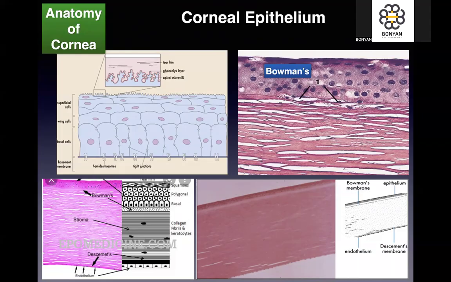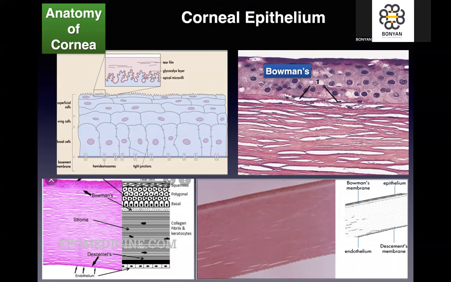The arrangement of the fibrils or the collagen lamellae in the anterior stroma is different from the posterior stroma, and they are parallelly arranged in a very regular pattern and fashion to allow the passage of light without a lot of reflections and scattering.